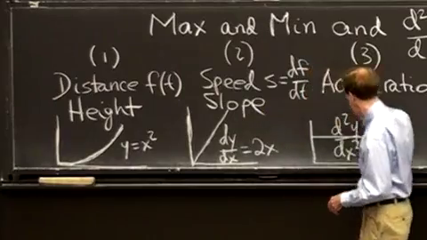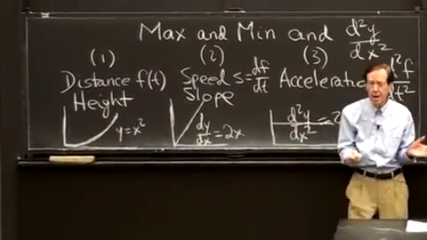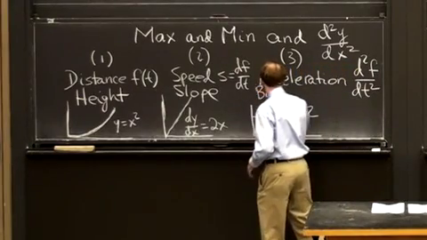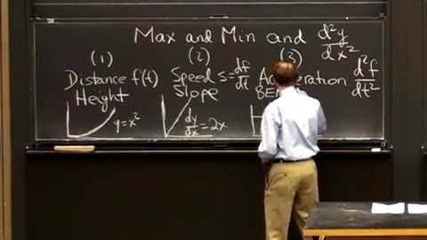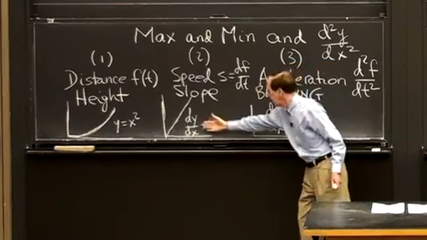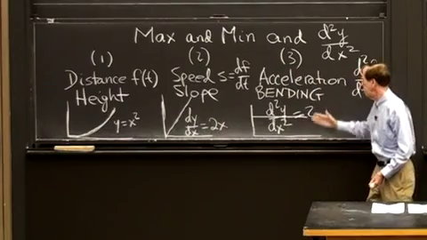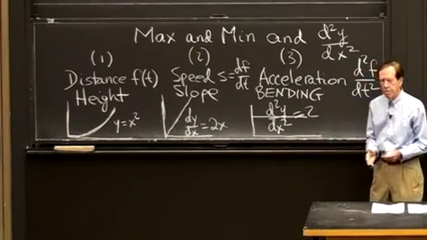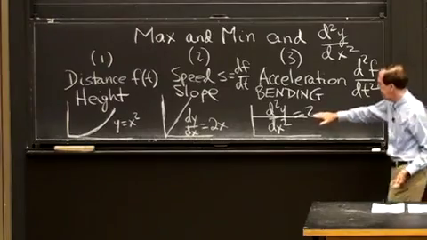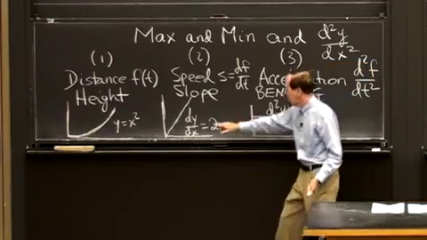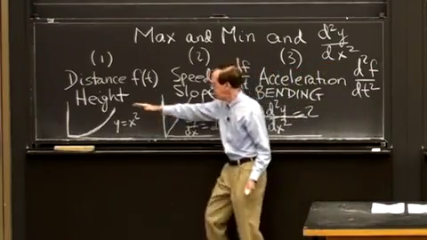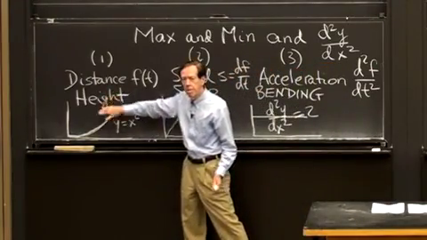Now it's the second derivative, and what shall I call that? Bending. Bending is the natural word for the second derivative on a graph. The derivative of 2x is 2, a positive constant, and that positive constant tells me that the slope is going upwards and that the curve is bending upwards.